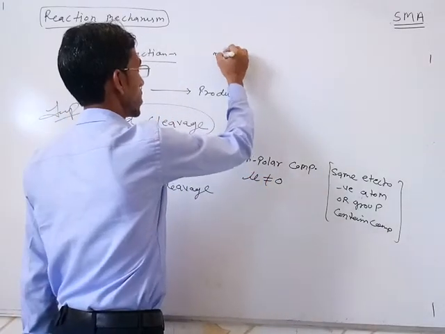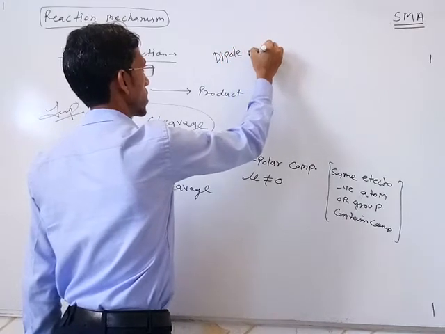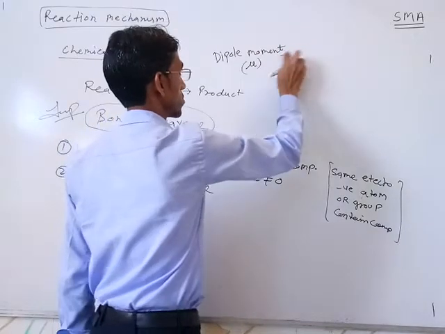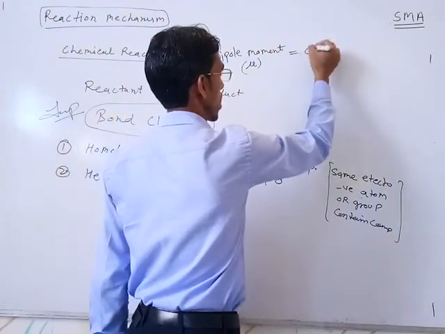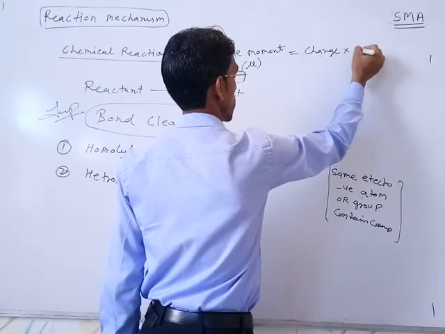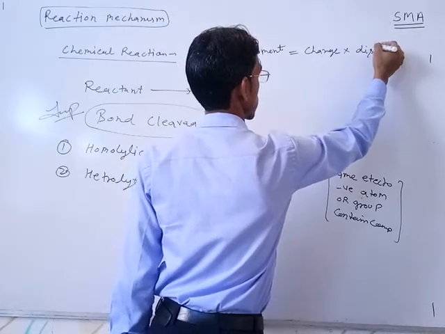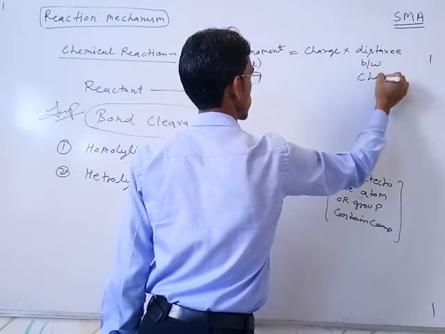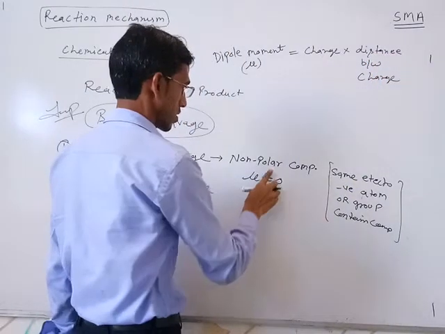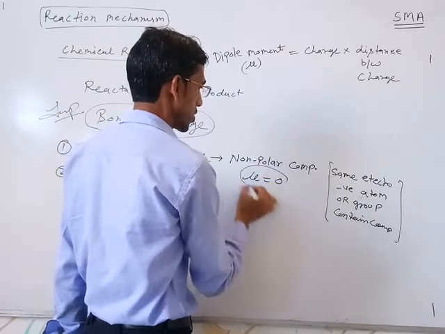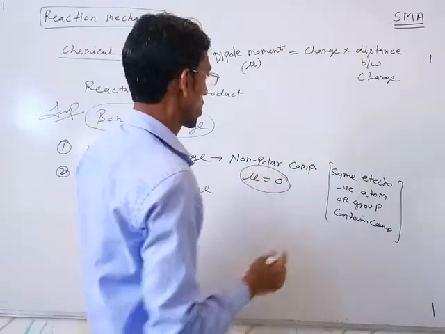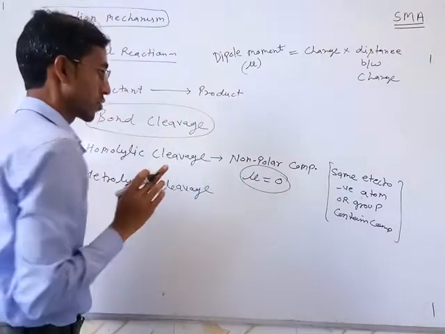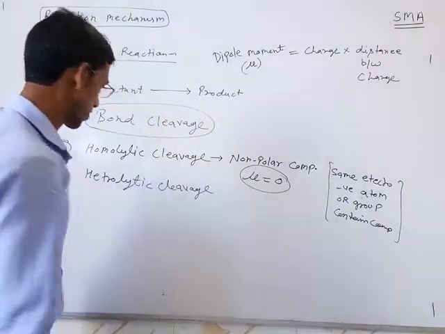Mu is the dipole moment, represented by mu is equal to charge into distance between charges. If mu is equal to 0, then it is non-polar. If mu is non-zero, then it is polar. So these are the factors to find the nature of any compound.